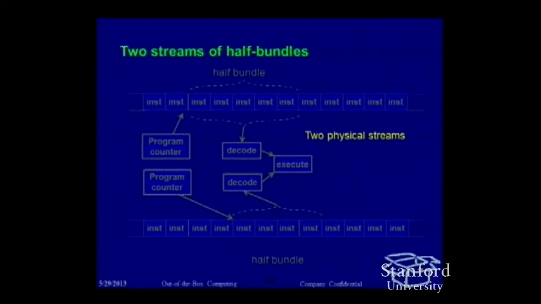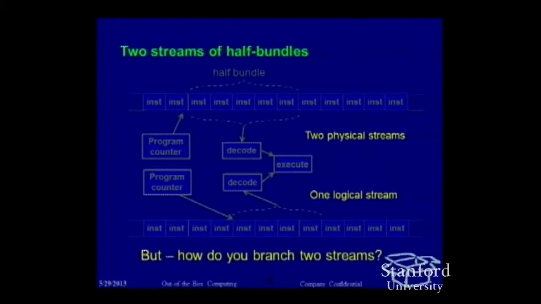There are 2 physical streams and 1 logical stream. This is a single thread of execution. This is not vector arithmetic. This is not a GPU. It's the kind of thing that you're doing in your laptop or whatever. It's a single thread of execution with the sequence of instructions split up into 2 streams.